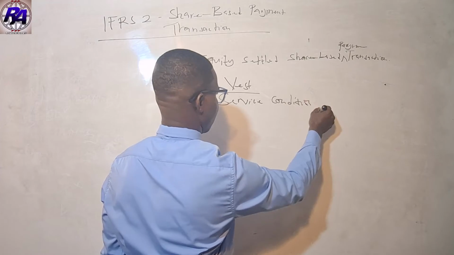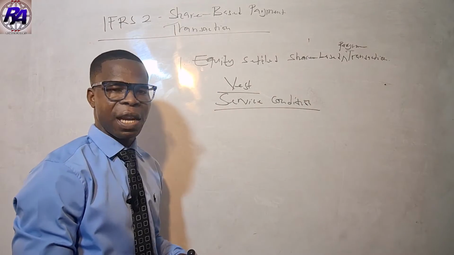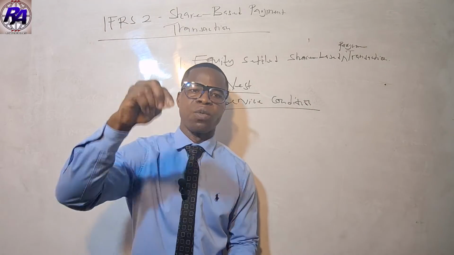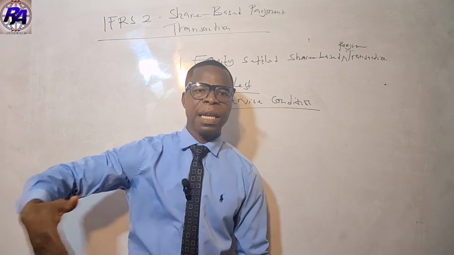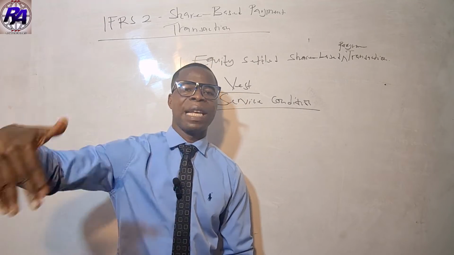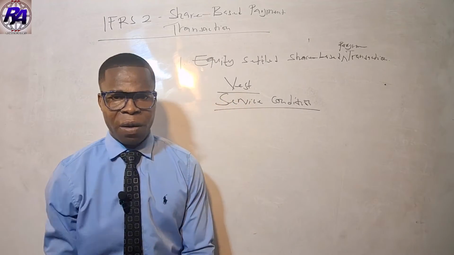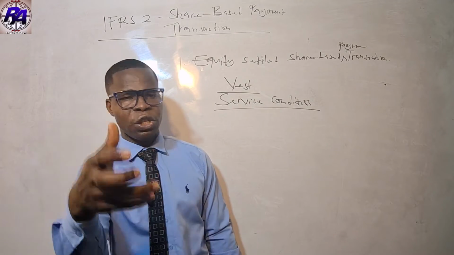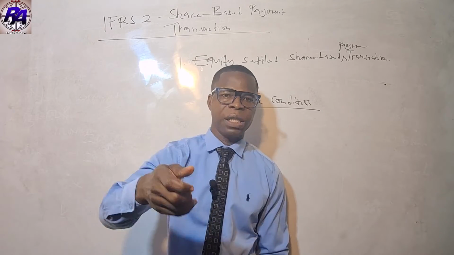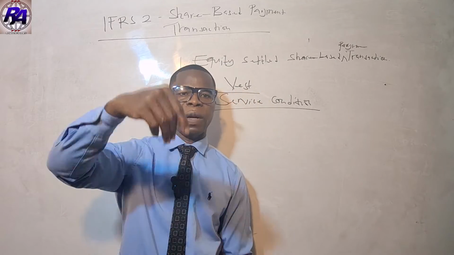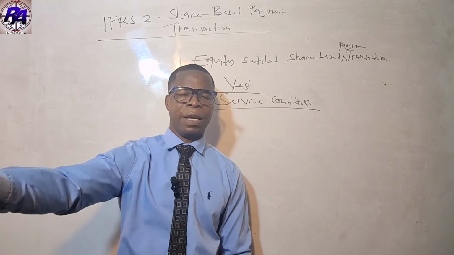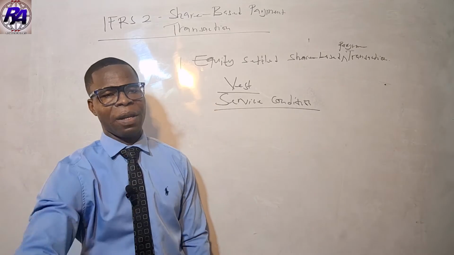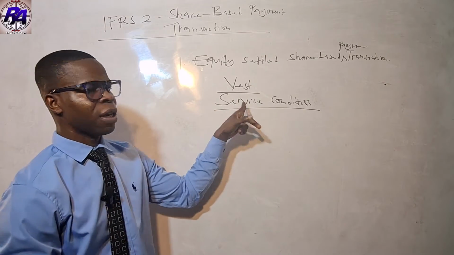Service condition is basically when an employee is required to be with the business for a period of time. Let's say the employee will be issued a share option when that employee stays for the next 3 years, for the next 5 years, for the next 6 years. When that happens, that becomes a service condition.